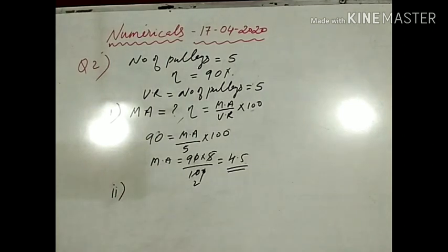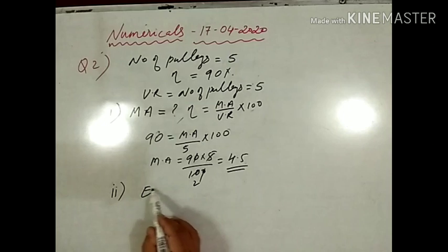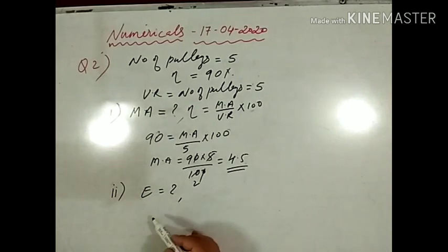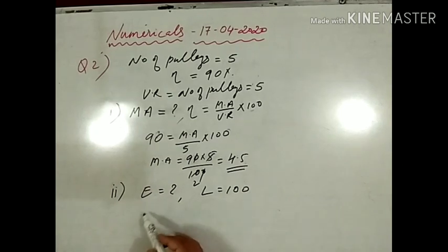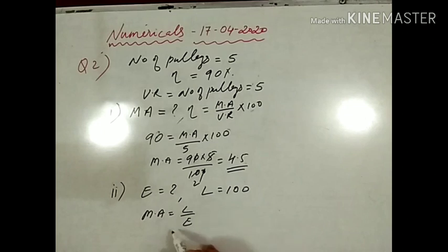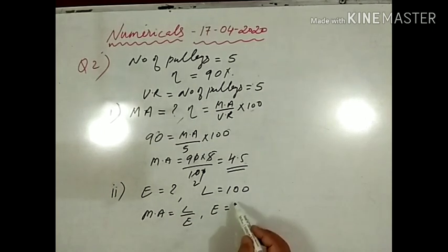All right. The question number 2, what does it demand? To calculate the effort required to lift a load of 100 Newton. What is the effort required to lift a load of 100 Newton? Very simple. We know the formula, mechanical advantage is equal to load upon effort. Effort is required, therefore effort is equal to load upon mechanical advantage.